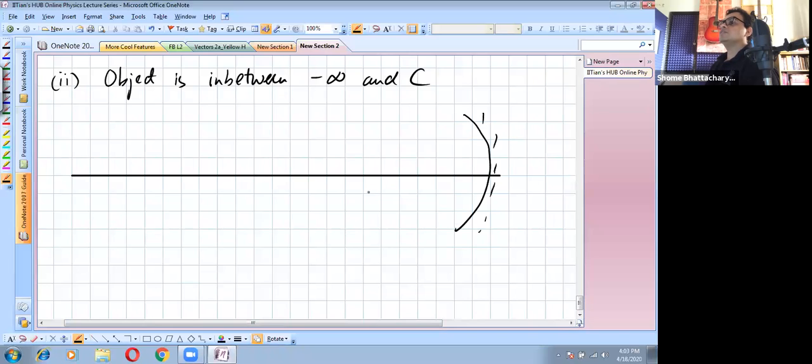This is actually the physical example we are taking. So focal point, center of curvature. Now if my real object is somewhere over here, let's say like this, then from ray diagrams you have understood that the image will be somewhere over here.